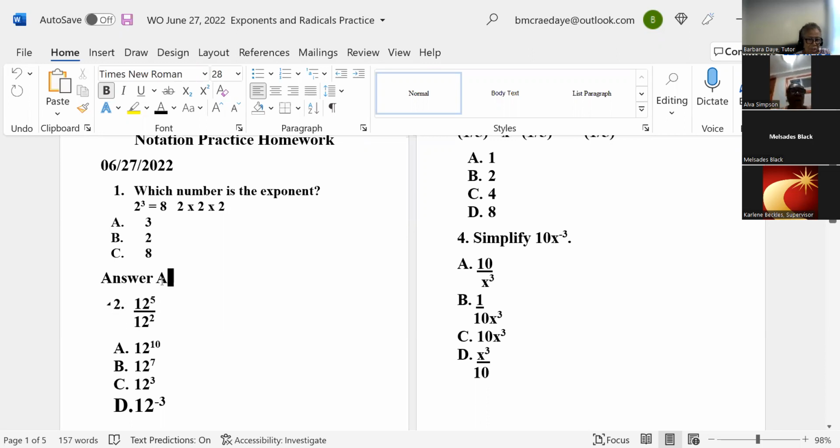I have numbers, I have powers, I want you to read it in words. Okay, it says 12 to the 5th power divided by 12 to the 2nd power. Excellent, Alva. That's what I want you to say. You know, this is a division: 12 to the 5th power divided by 12 to the 2nd.